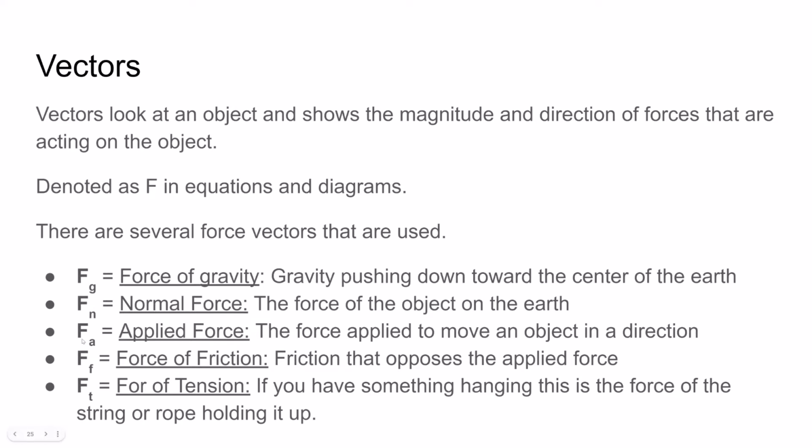If you use a force incorrectly, it's going to send the wrong message or be confusing for other people looking at your force diagrams. Okay? So learn these and understand how you use them.